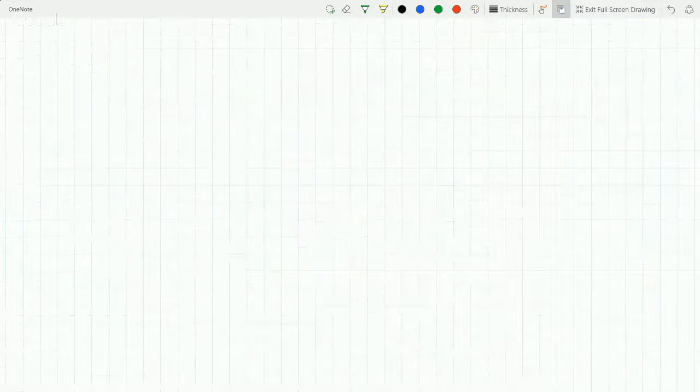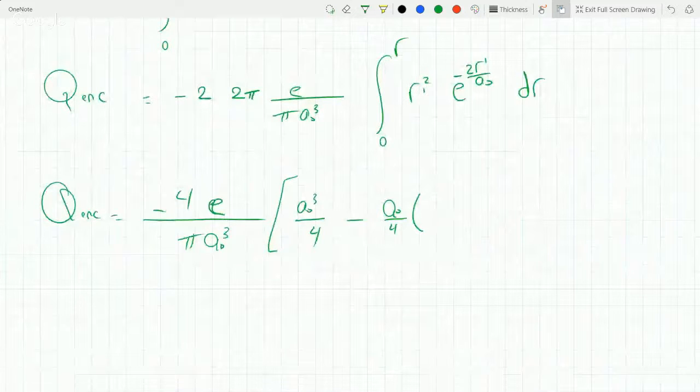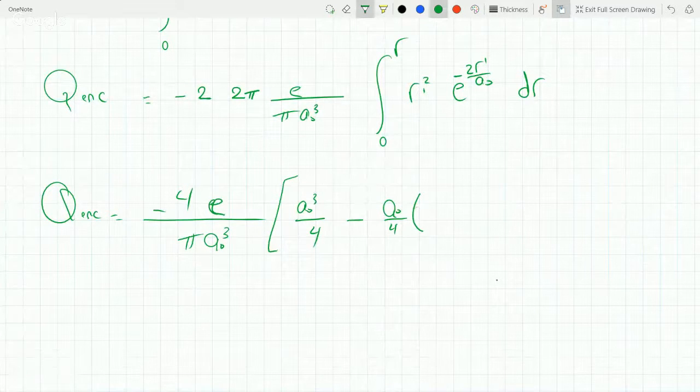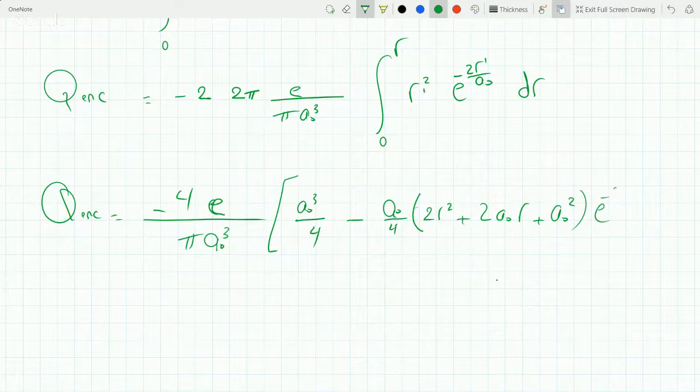I've got a0 over 4 times 2R squared plus 2 a0 R plus a0 squared, times e to the minus 2R over a0. That was the answer for that integral.